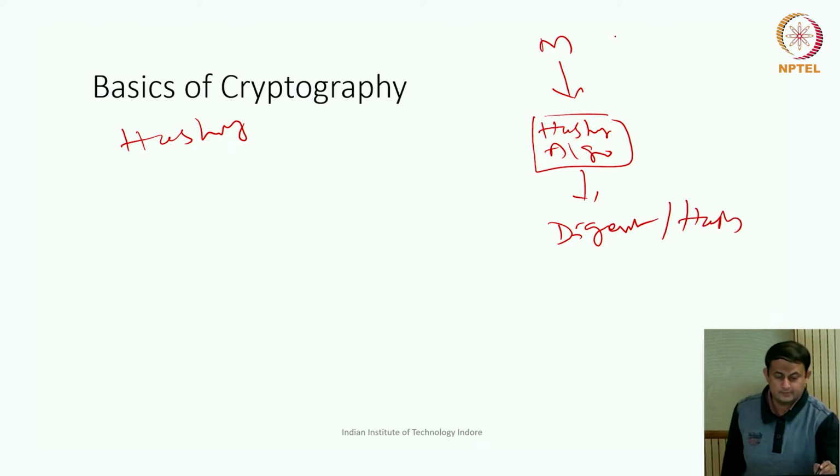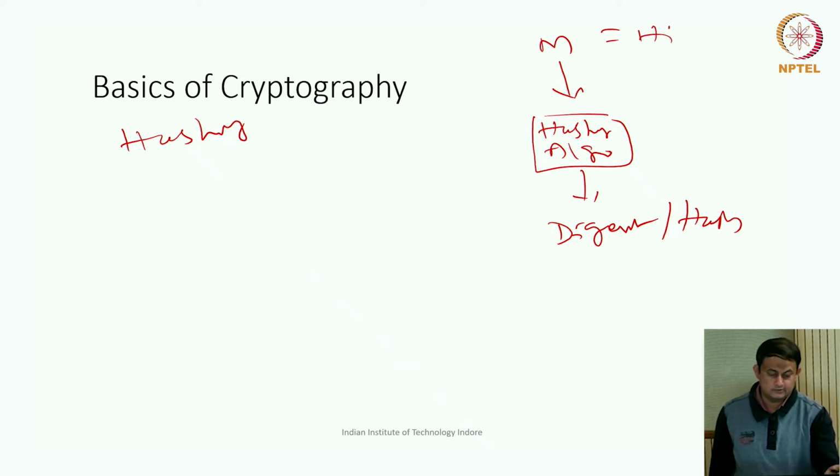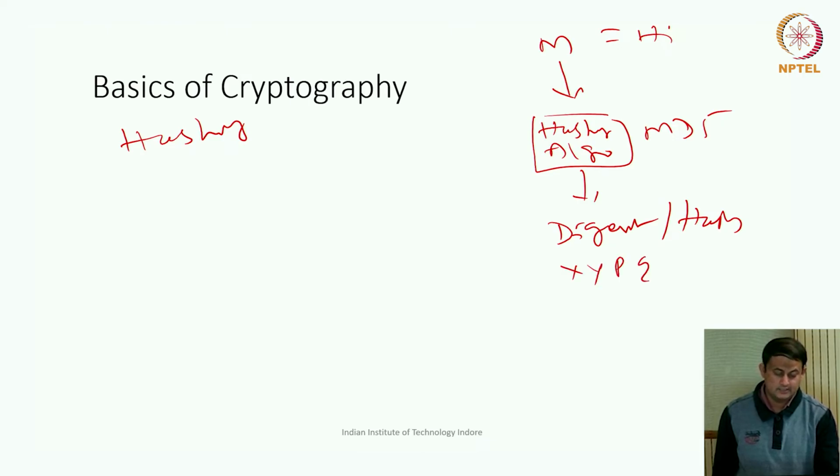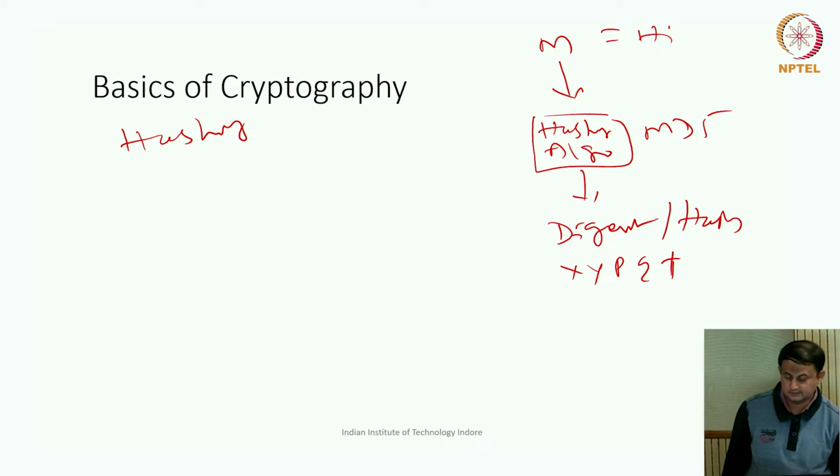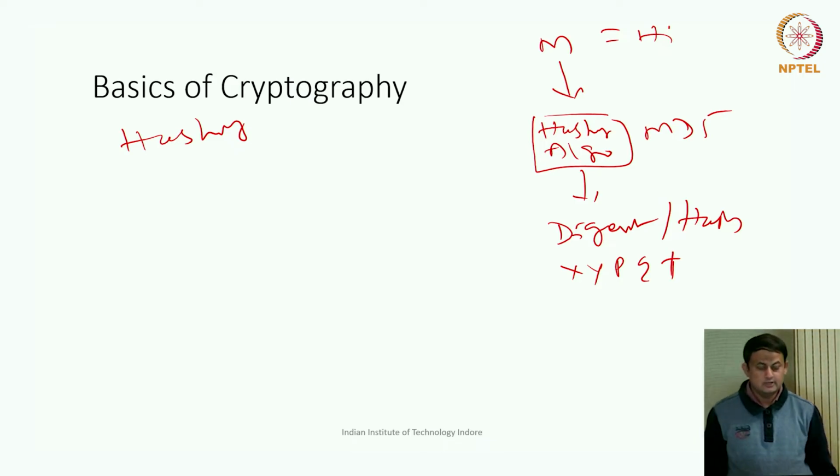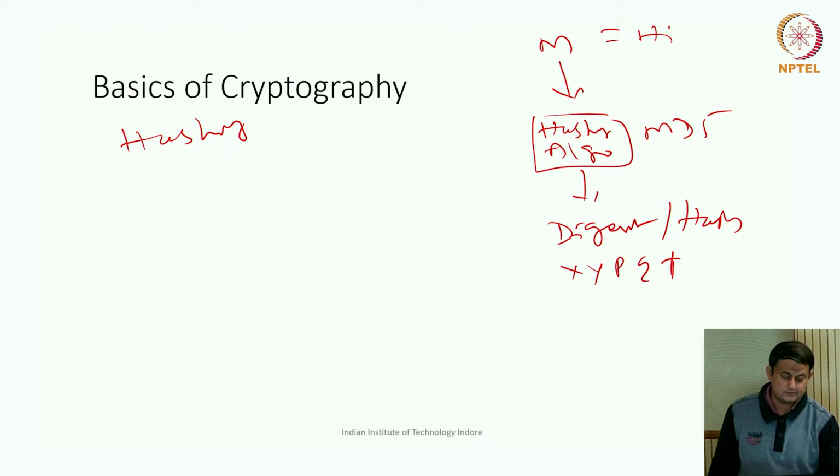Let's say my message is hi, and the hashing algorithm, MD5 is one such algorithm. Once I give this message hi, the digest might look something like XYP9T. So this is the digest, which is of a fixed size.